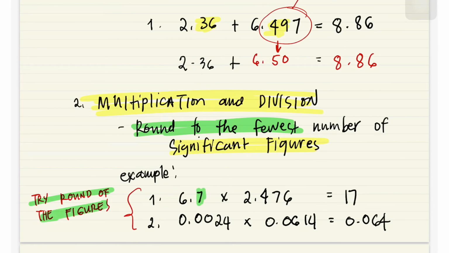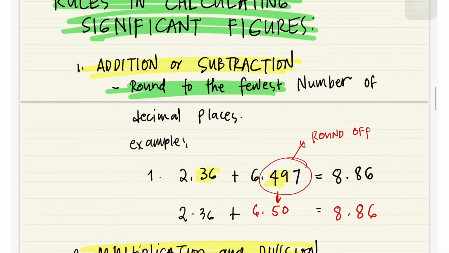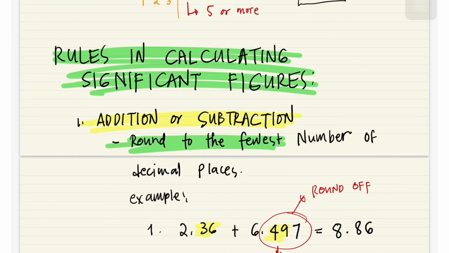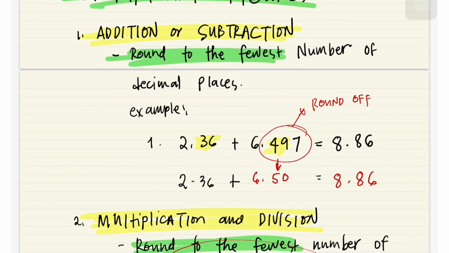If this one is in one decimal place, then this one here should be in one decimal place. If this one here is in 3 significant figures, this one here should be in 3 significant figures. You have to focus on the significant figures. That is how we multiply and divide significant figures. Addition and subtraction have the same rule.